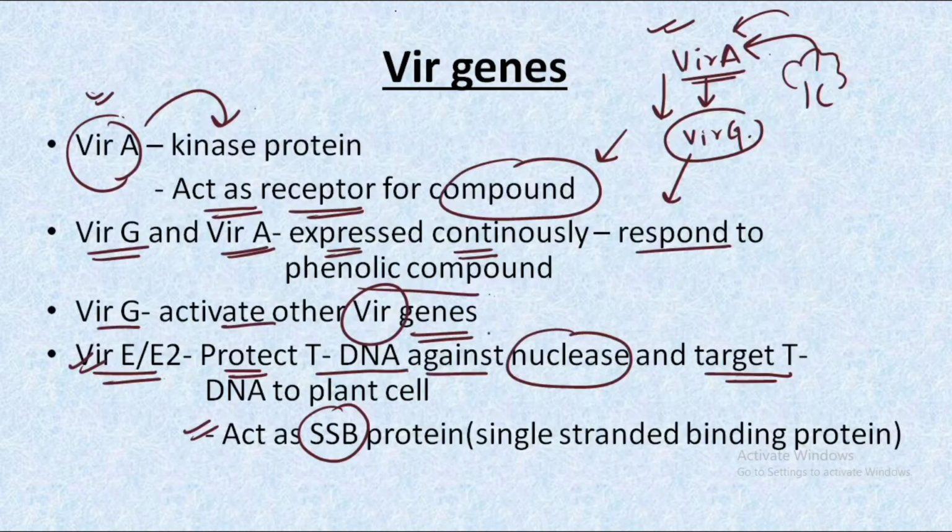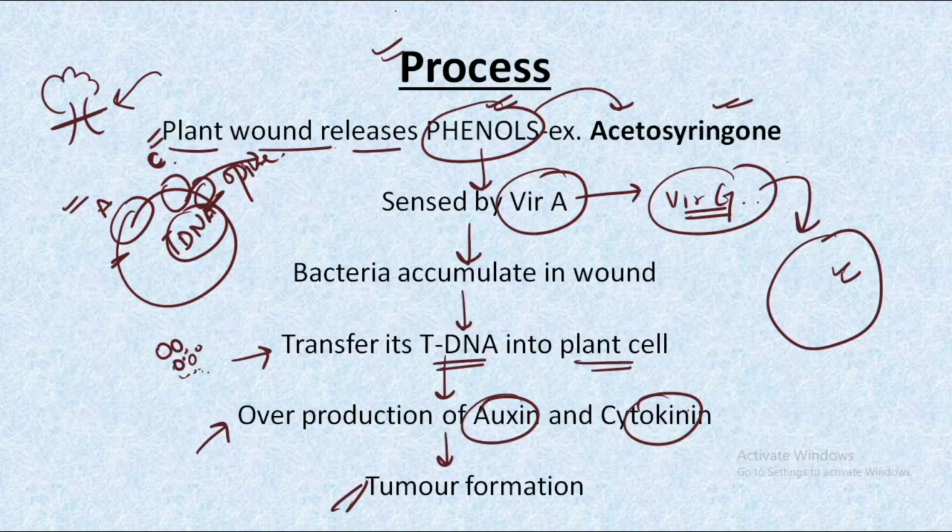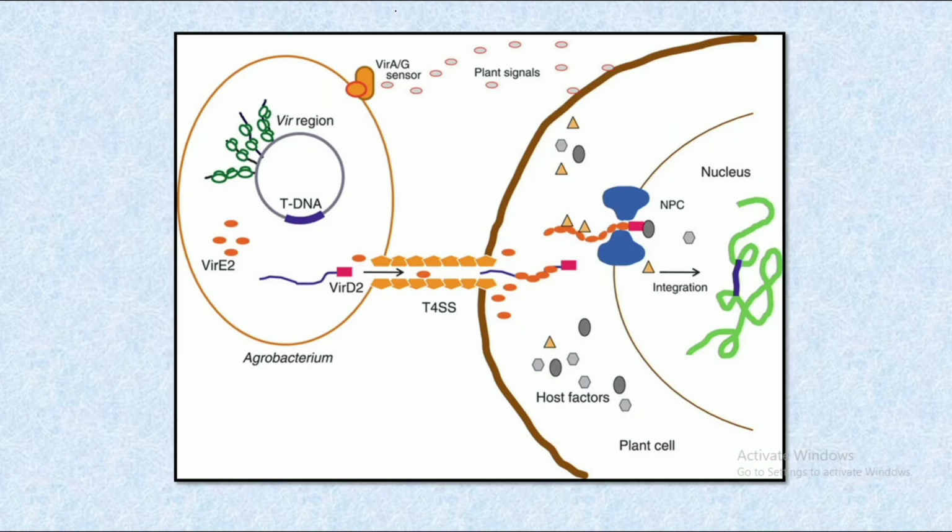Now let's understand how this complete mechanism takes place. See, we have the plant signaling. Maybe the plant has some kind of wound, so it released a phenolic compound, which led to the initiation. The VIRA gene receives these plant signals and activates the VIRG sensors.